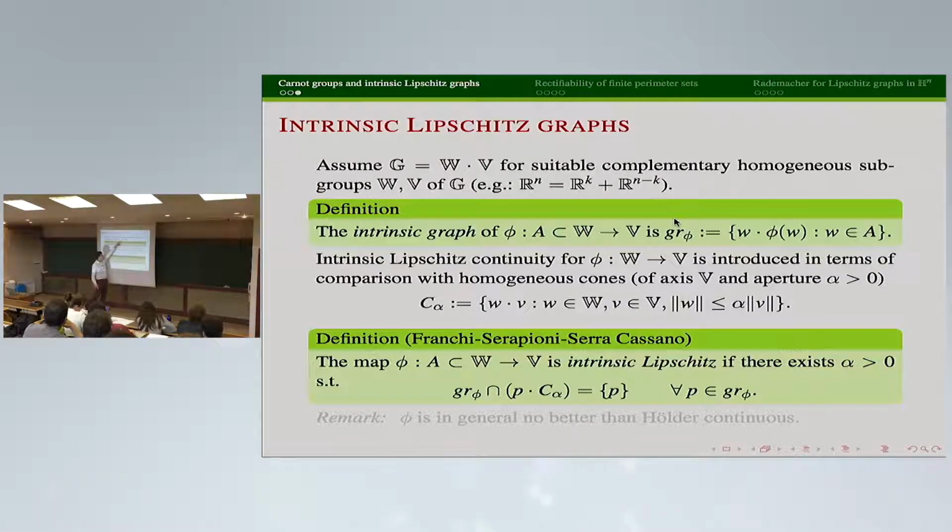If you think of this example, this comparison with cones property gives you precisely the notion of intrinsic Lipschitz continuity for maps from R^k to R^(n-k), because these cones are standard Euclidean cones around R^(n-k).